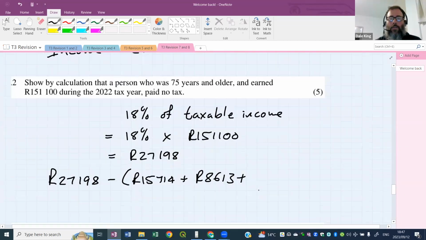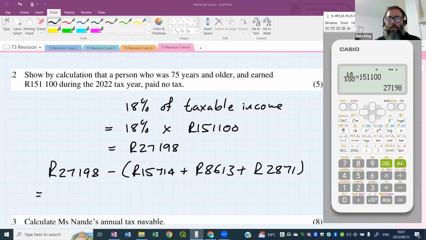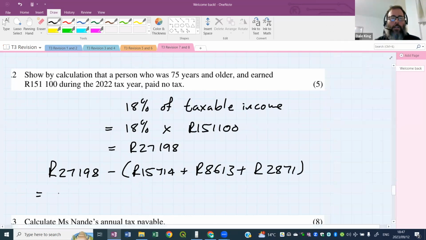And 2871. So this person gets all the rebates back. Now I'm going to do a little sum here to work out what those rebates are all together. So I'm going to just quickly add them up here. 8613 plus 2871. 27198.